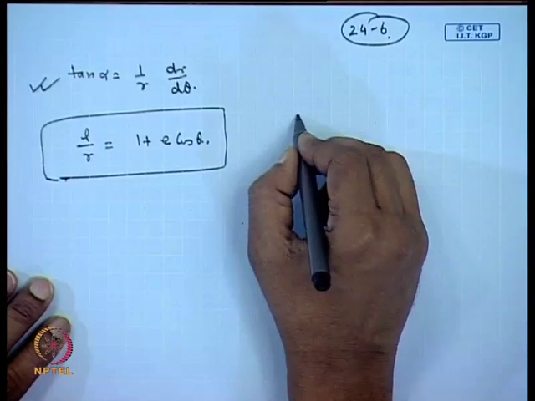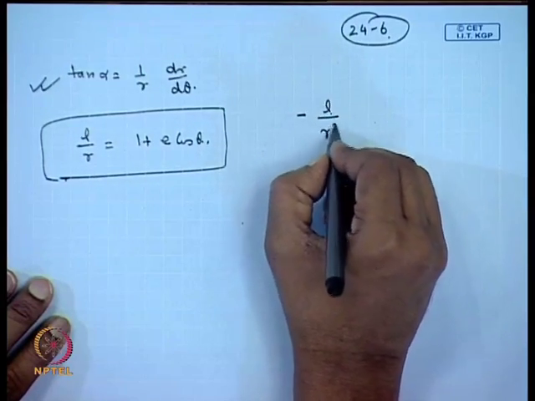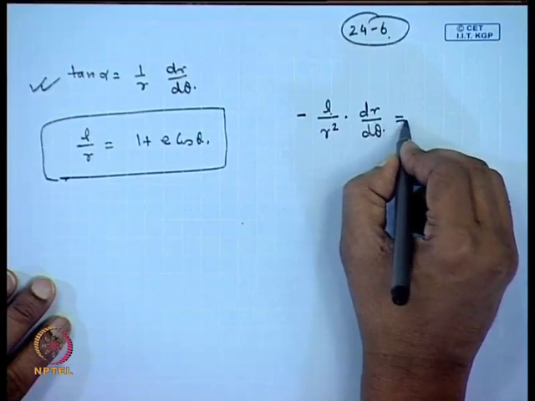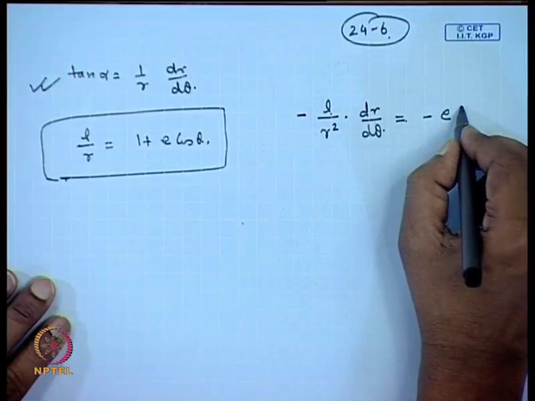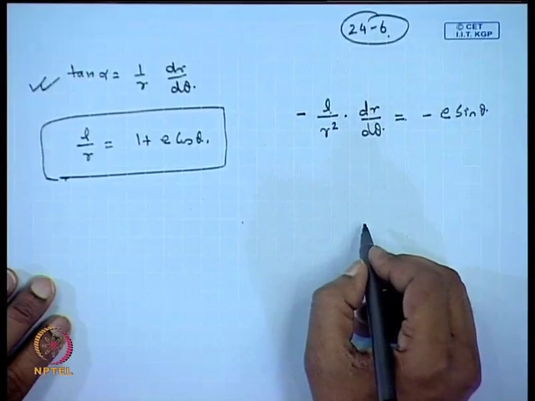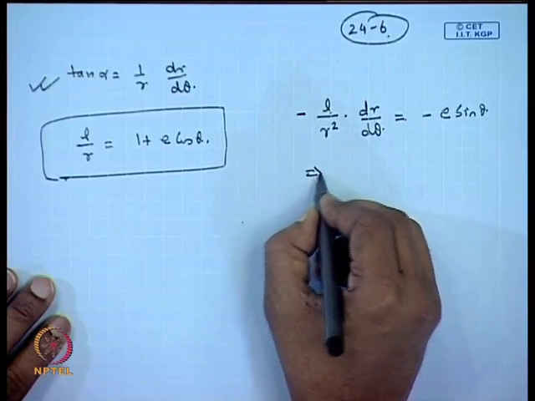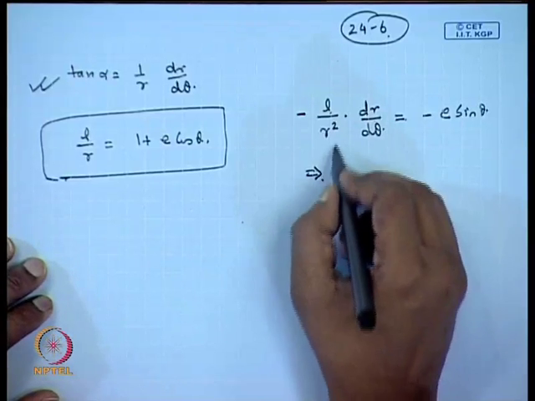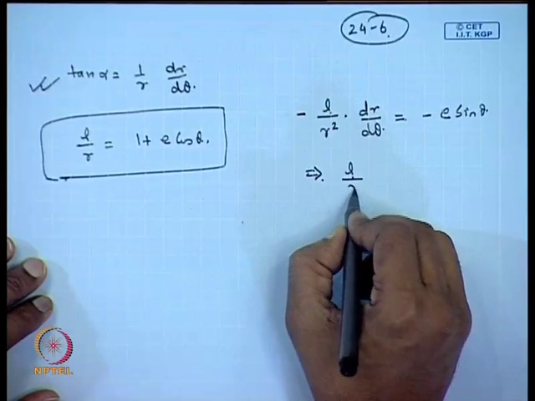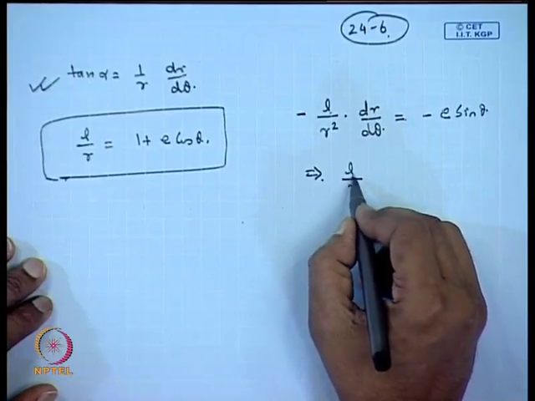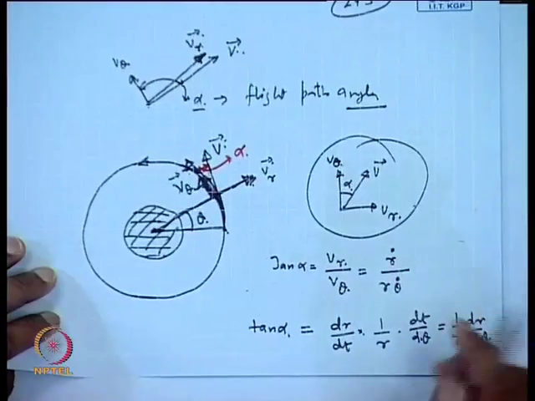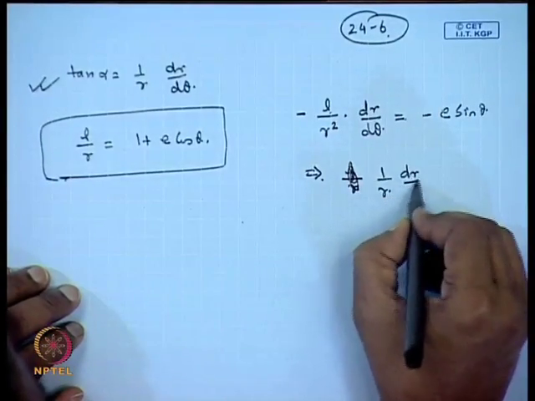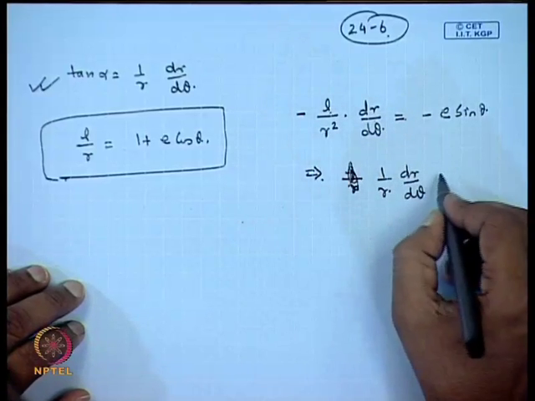Differentiating this gives us L by r square times dr by d theta equal to e sin theta. What we need is 1 by r times dr by d theta, so we put on the left hand side 1 by r times dr by d theta, and L and r we take on the right hand side.